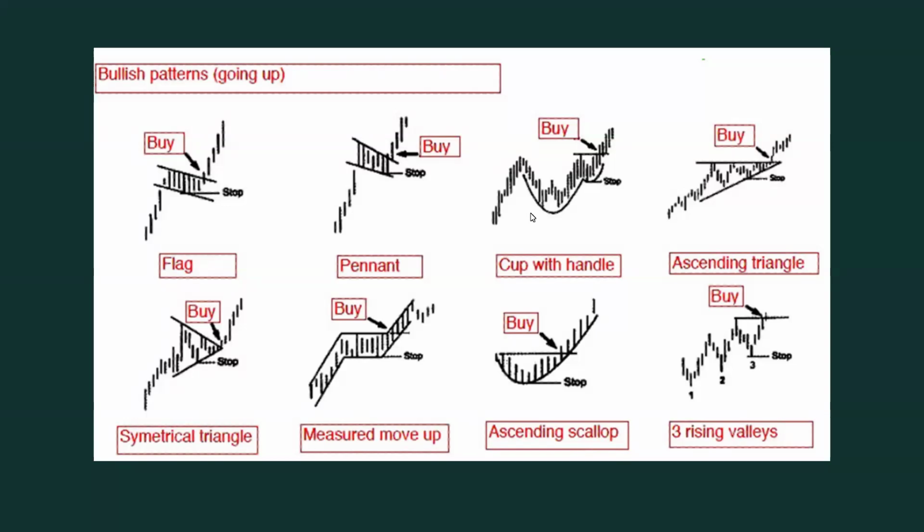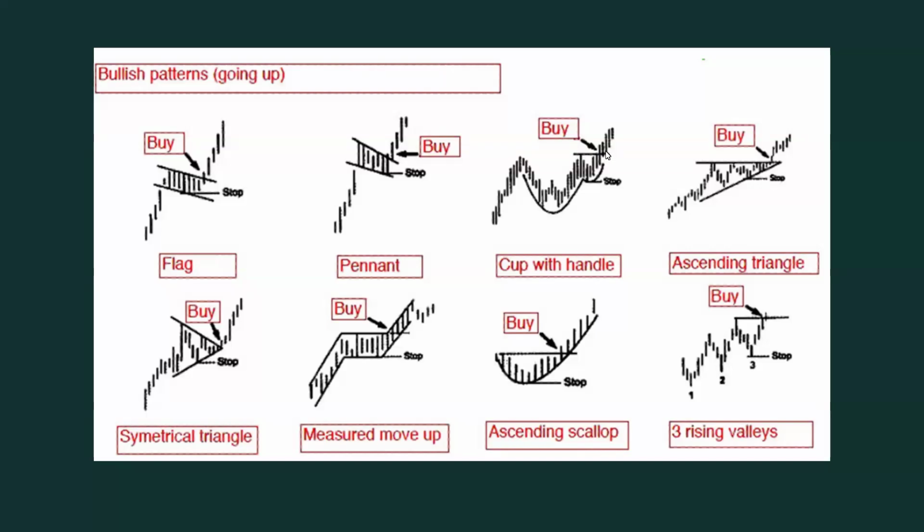Okay, so this is the pattern that I mentioned just now. It is named the cup with handle. When you see this kind of chart pattern, normally they will do a purchase entry at the top of the resistance level over here.